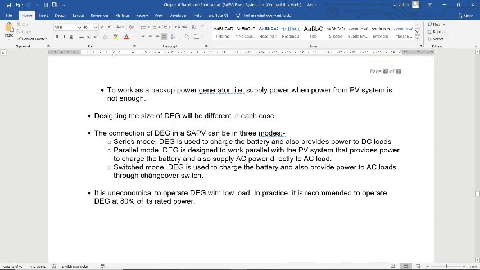Next is switch mode, where the DEG is used to charge the battery and also provide power to the AC load through a changeover switch. It is uneconomical to operate a DEG with low load. So in practice, it is recommended to operate the DEG at 80% of its rated power.